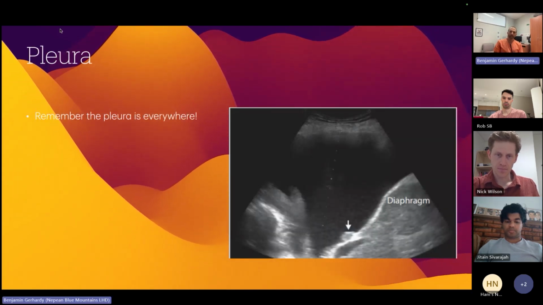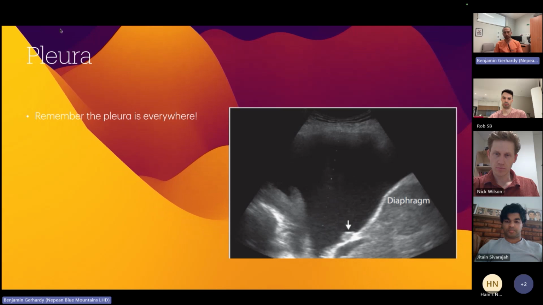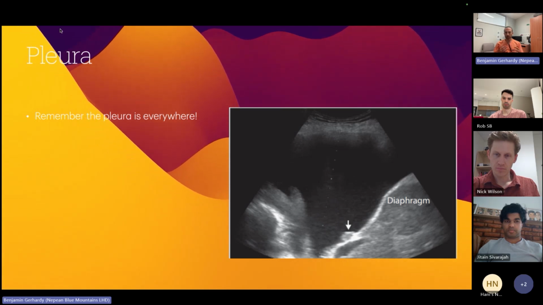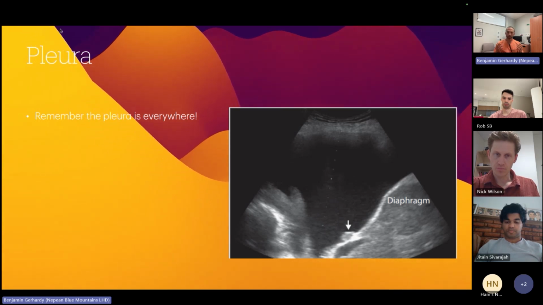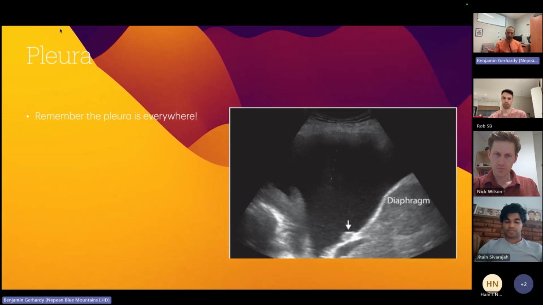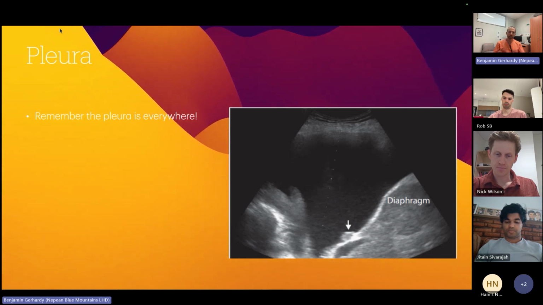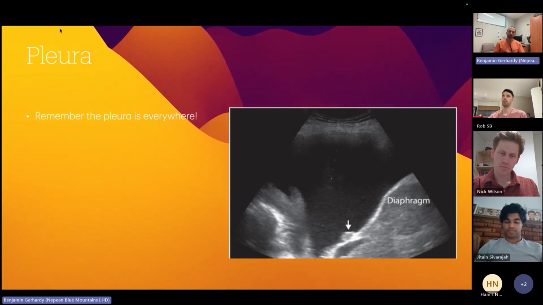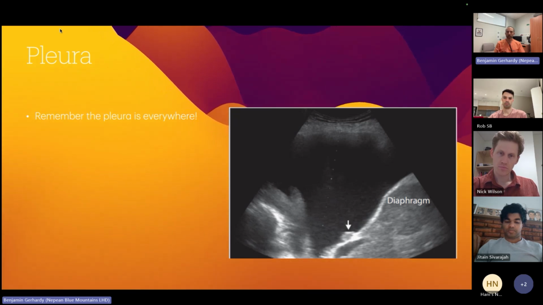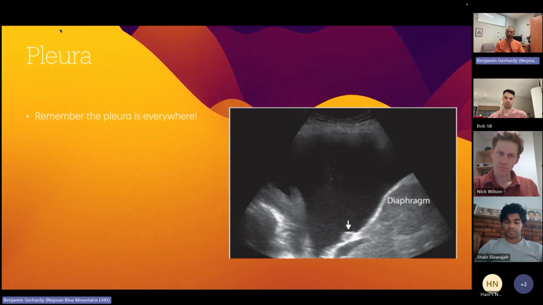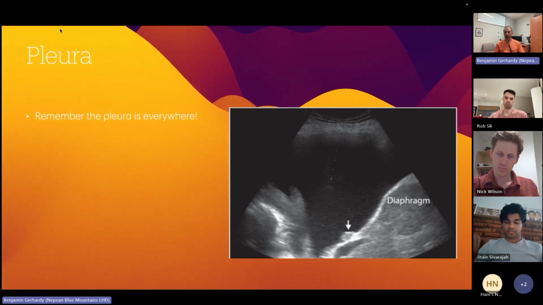And then finally, from an anatomical point of view, remember that the pleura is everywhere. The pleura is over the lung, the visceral pleura itself. It's over the inside of the ribs, the parietal pleura, but it coats back up over the diaphragm, back up over the mediastinal structures. So in this image, for example, we've got a big pleural effusion there. We've also got a little nubbin of something sitting on that diaphragmatic pleural surface.